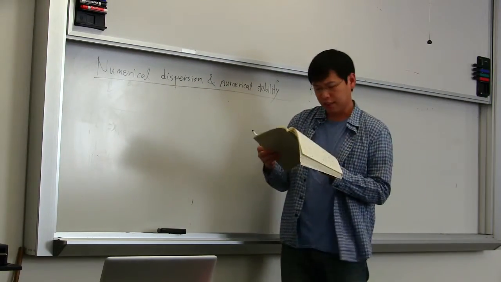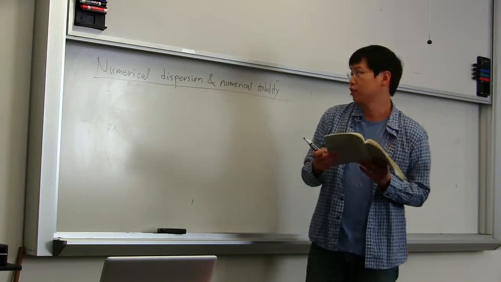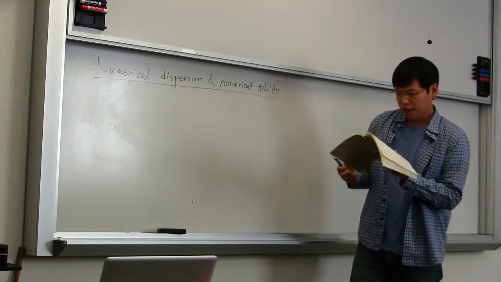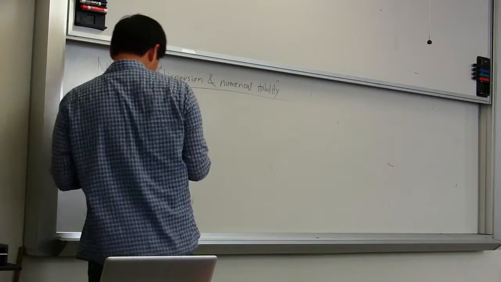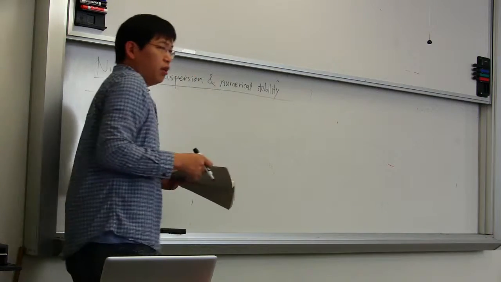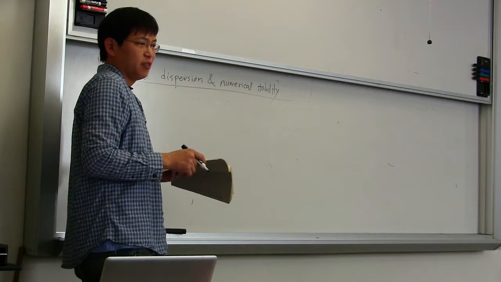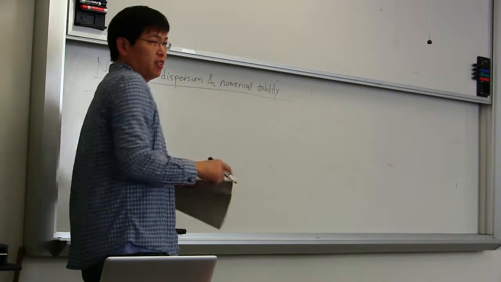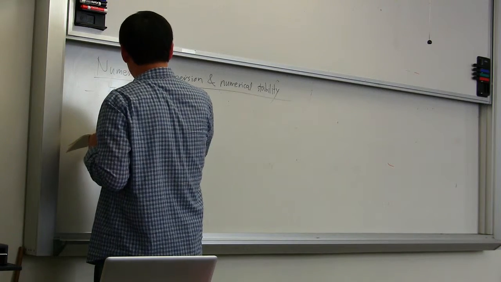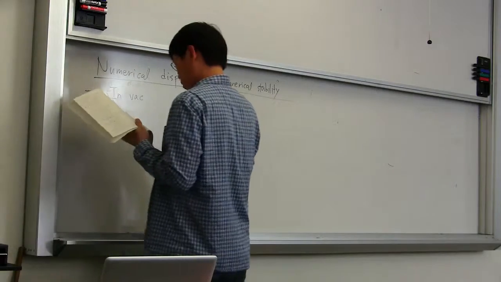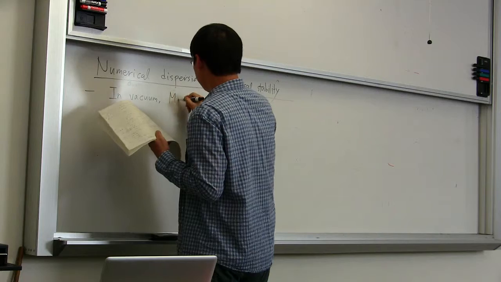Yeah, I'll get started. So continuing from the last lecture, I'll discuss numerical dispersion and numerical stability issue. So in vacuum, the dispersion relationship is very simple. It is omega equals ck, right? So in vacuum, Maxwell's equations.